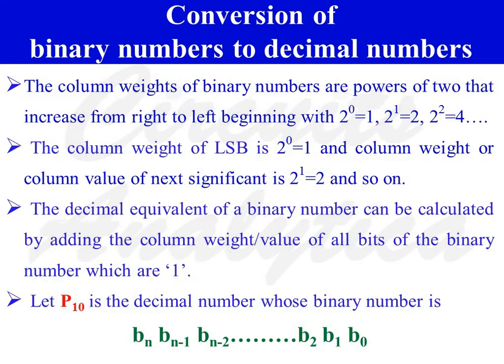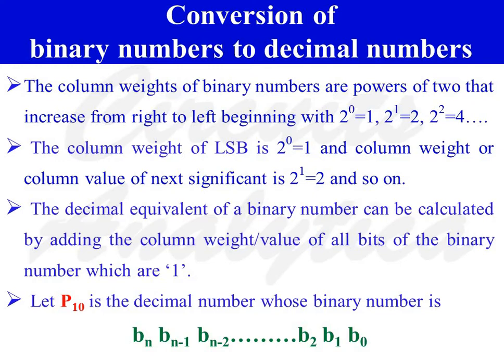The column weights of binary numbers are powers of 2 that increase from right to left, beginning with 2 raised to 0 is equal to 1, 2 raised to 1 is equal to 2, 2 raised to 2 is equal to 4, etc. The column weight of the least significant bit is 2 raised to 0 is equal to 1, and the column value of the next significant bit is 2 raised to 1 is equal to 2, and so on.